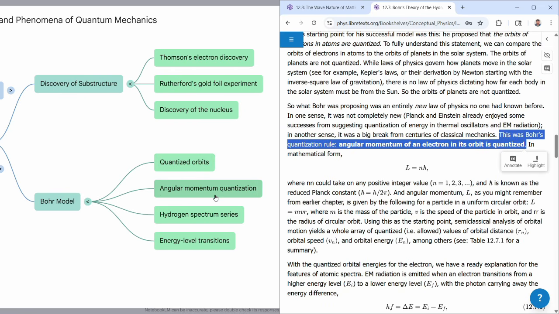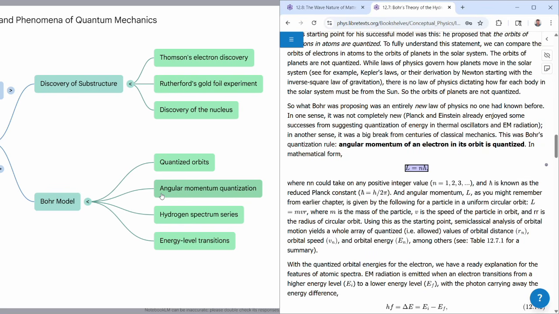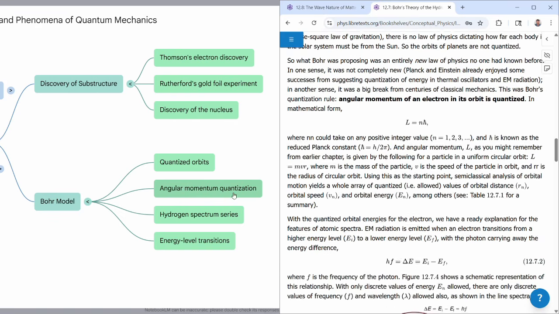So he proposed that the angular momentum of the electron can come in only integer multiples of h bar, or h, Planck's constant, divided by 2 pi. While one might ask, why such a rule?